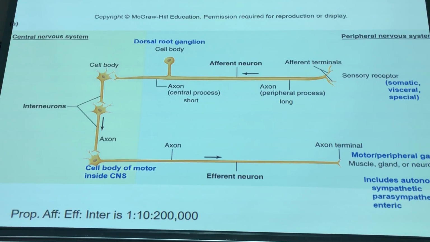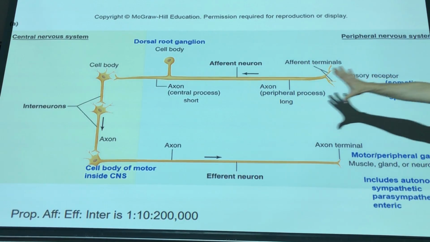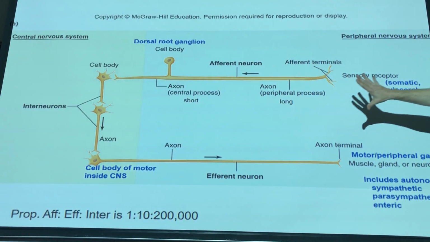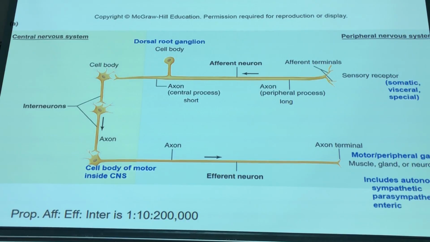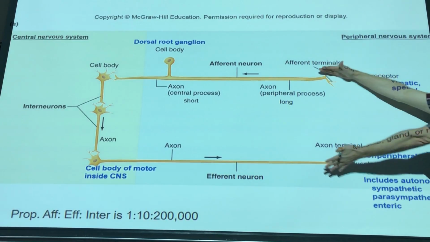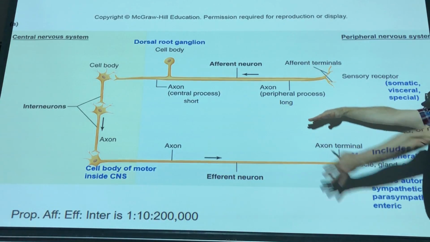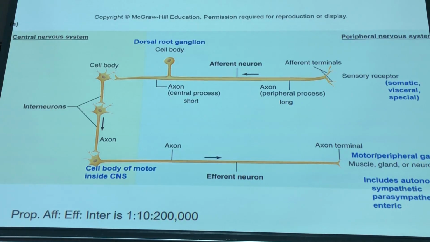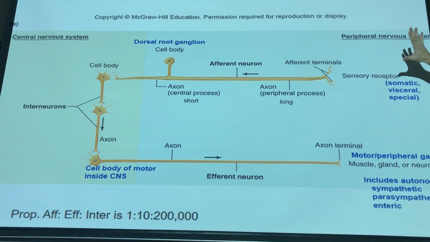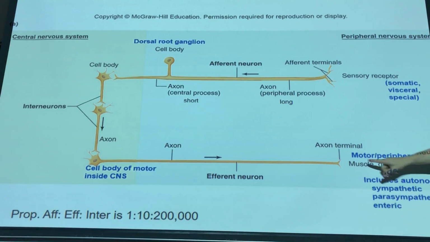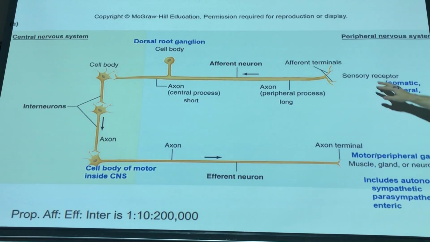So what we basically have is these nerves that are coming out of our brain and spinal cord. Some of these are mixed together, but most of them are divided into physiologic categories of sensory and motor.